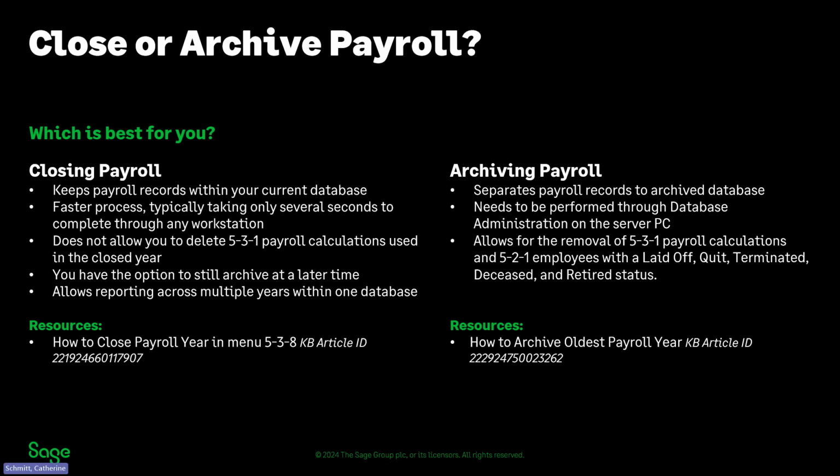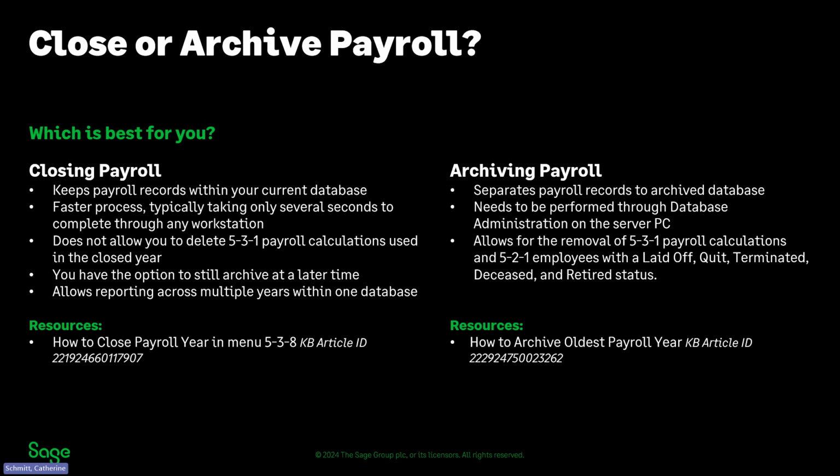When you have done your very last payroll with a check date for this year, and you've gone ahead and posted it, now you want to close. Now, the difference between whether you can close or whether you should archive: you cannot remove any payroll calculations.